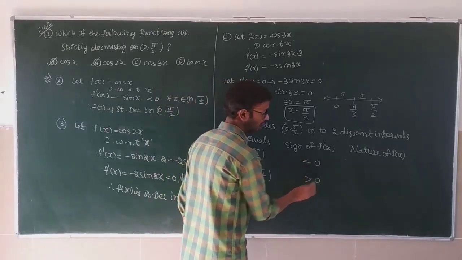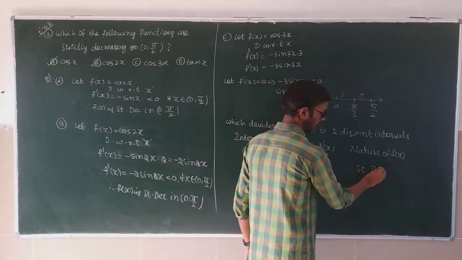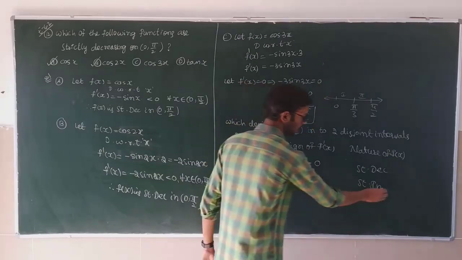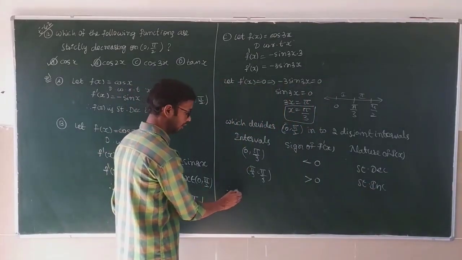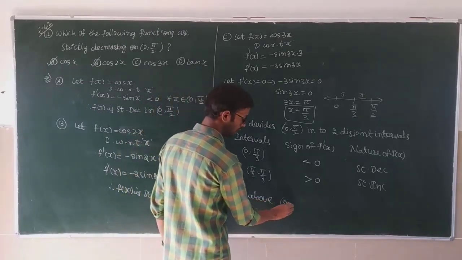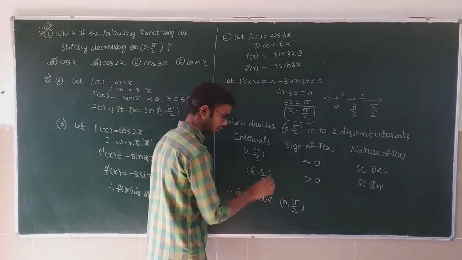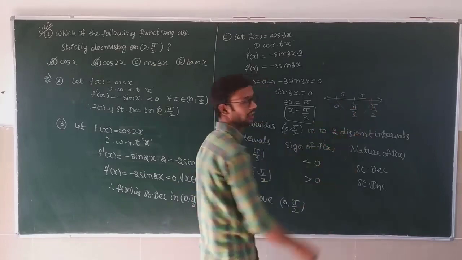Here negative, here positive. Strictly decreasing, strictly increasing, strictly decreasing. Therefore, by the above, on 0 to pi by 2, it is decreasing and also increasing.